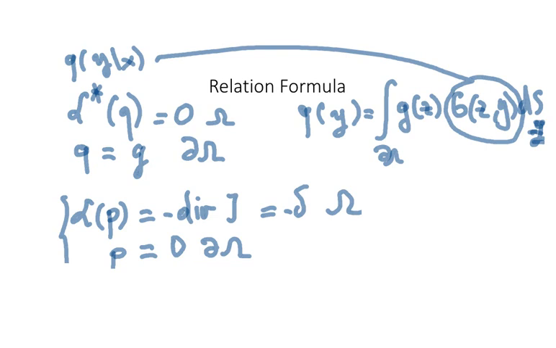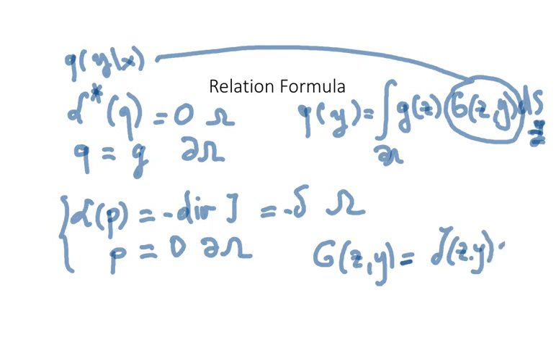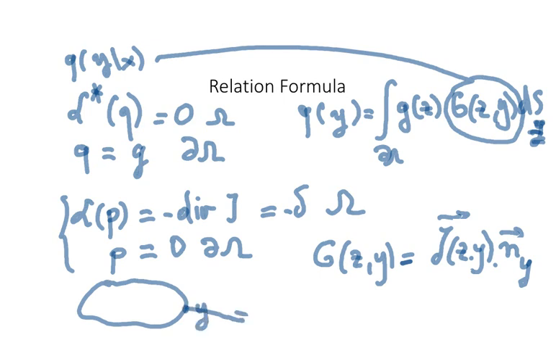So what I would like to prove is that G, Z, and Y equals J, Z, and Y multiplied by the normal derivative at point Y. Right, so if we have your domain, you look at position Y, you take the normal derivative, call it n of Y, and you calculate the flux associated to this equation.